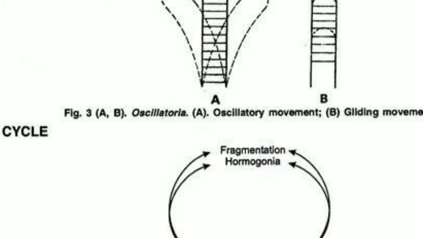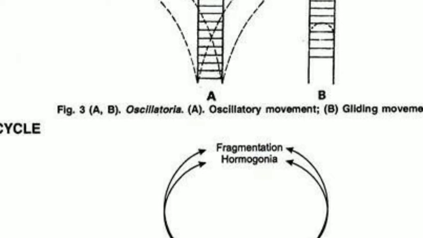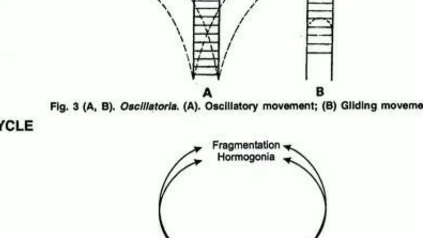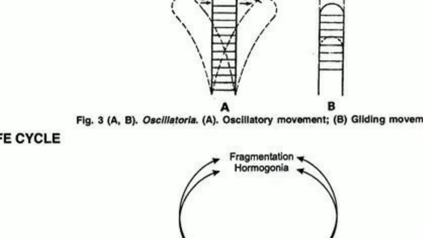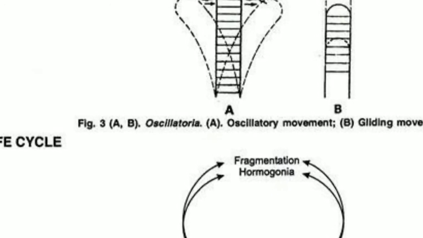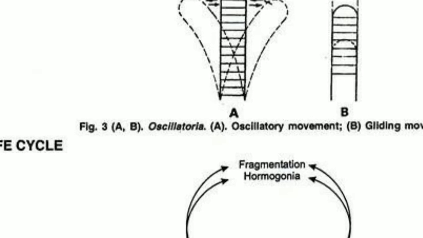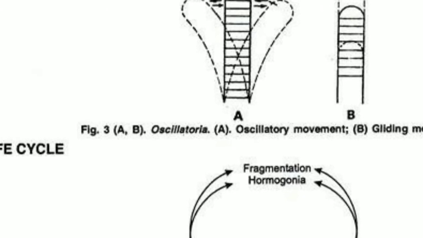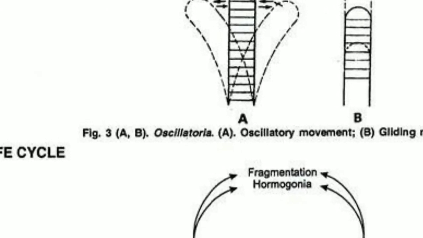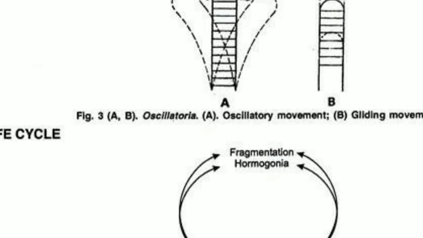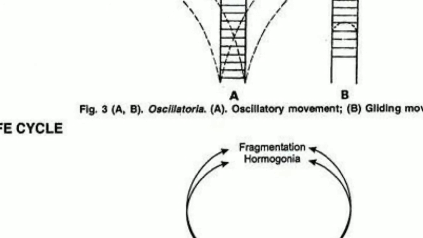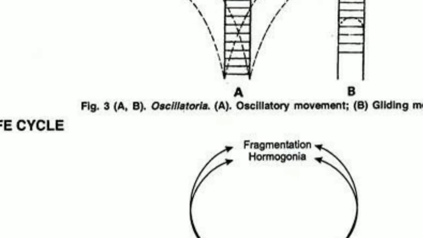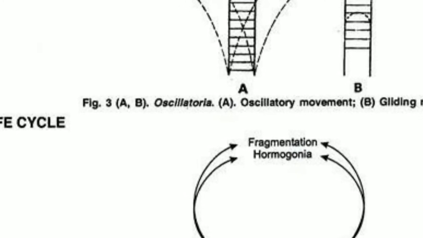Hello students, in this video we are going to study about movement found in Oscillatoria and their nutrition and reproduction. As we studied about movement, we are going to study two types of movements, which are first one is gliding and creeping movement and second one is oscillatory movement.